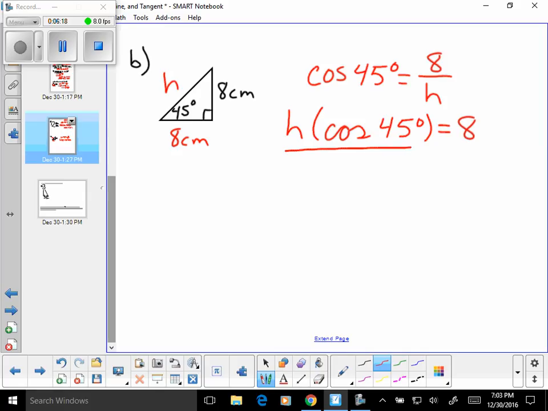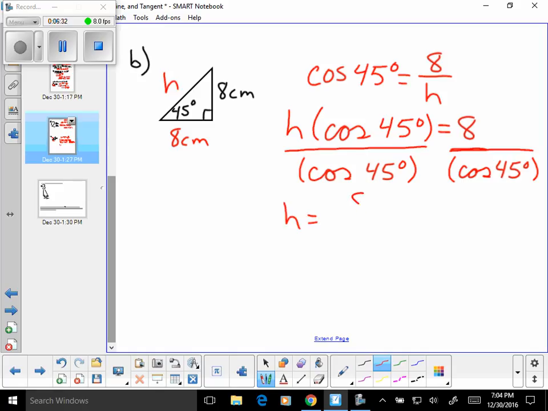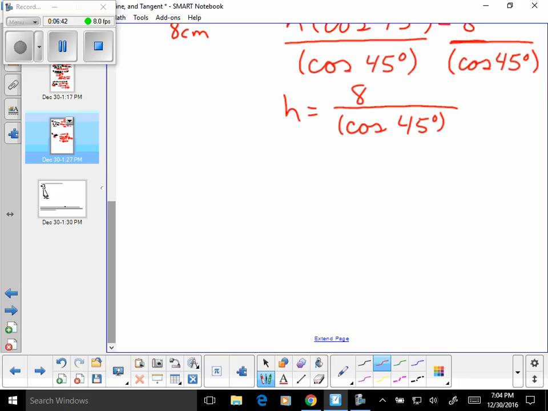Now, I'm going to divide both sides by the cosine of 45 degrees because I want to get h by itself. So h is going to equal 8 divided by the cosine of 45 degrees. And yes, I can put that into my calculator.